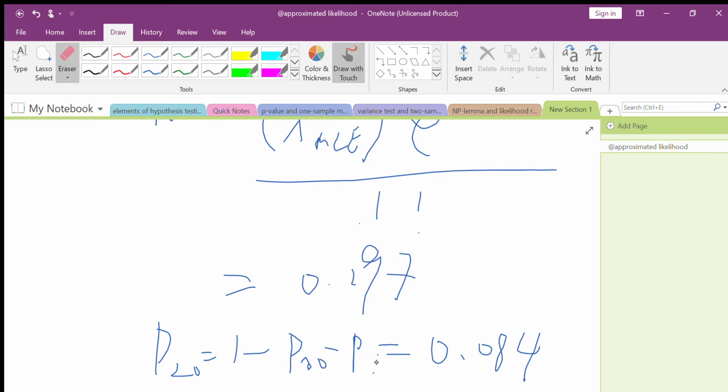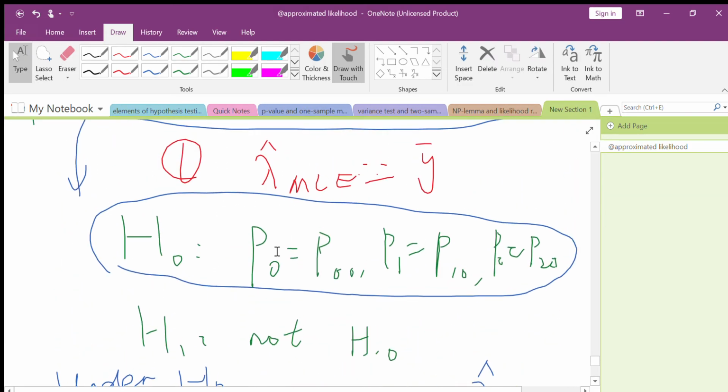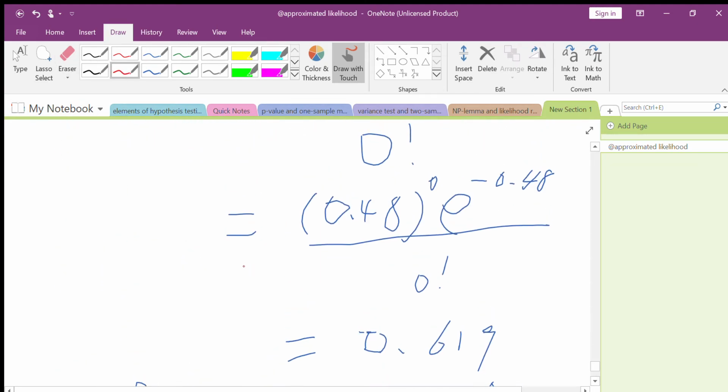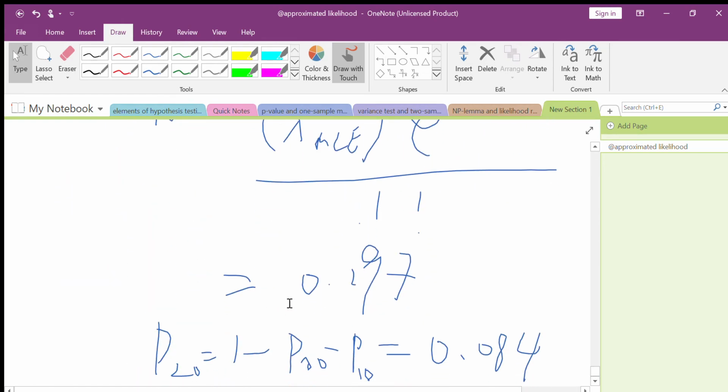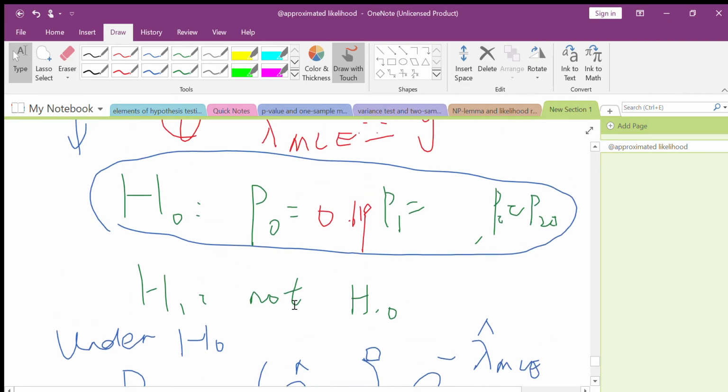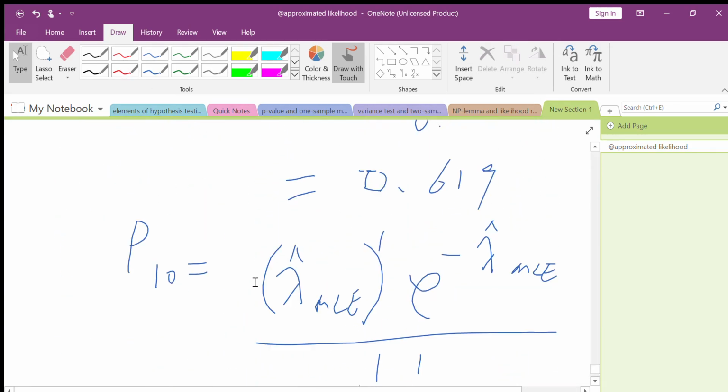If it in fact follows Poisson, we find that P00 is 0.619, and P10 is 0.297, and P20 is 0.084.